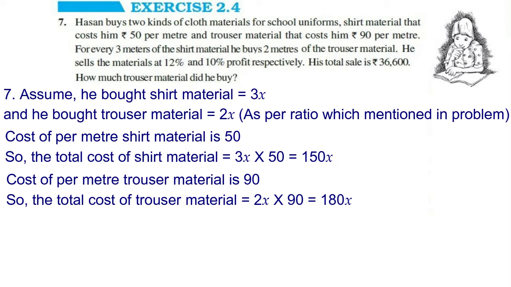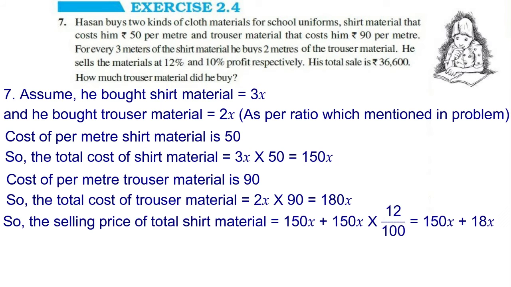Now he sells the materials at 12% and 10% profit respectively. So after buying the shirt material at a cost of 150x, he sells the material at a profit of 12%. So the selling price is equal to 150x plus 150x into 12 by 100, means 12%, is equal to 168x.